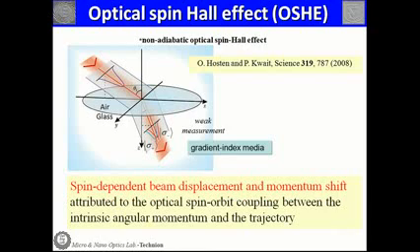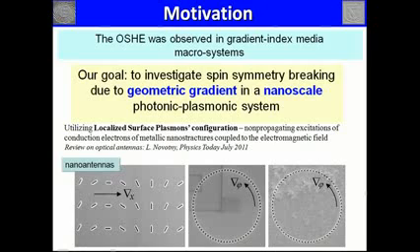So the spin-dependent beam displacement and momentum shift are attributed to optical spin-orbit coupling between the intrinsic angular momentum and the trajectory. The optical spin Hall effect was observed in gradient index media in the microscale system.